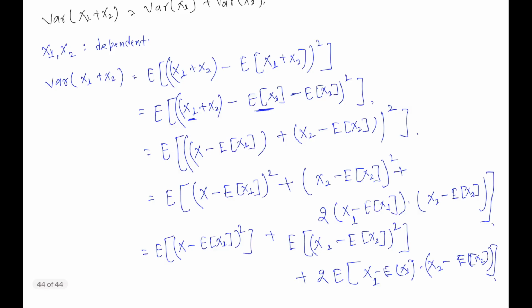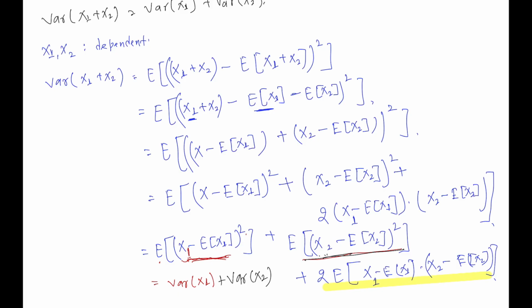You just now need to recognize these terms. What is this? This is the expected value of the square distance from the mean of this random variable x1, so this is nothing but the variance of x1. What is this term? It is the expectation of the square distance from the mean, which is nothing but the variance of this random variable x2. And what is this term?